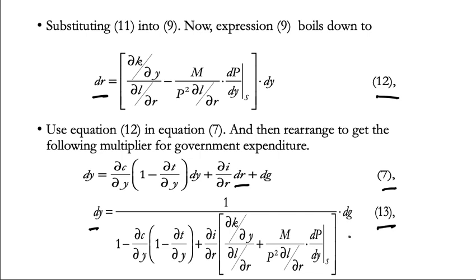If there is an increase in dg by a certain amount, income will increase by what amount? By the whole 1 over all the values in the denominator here. So 1 over the whole thing here is basically the fiscal multiplier.